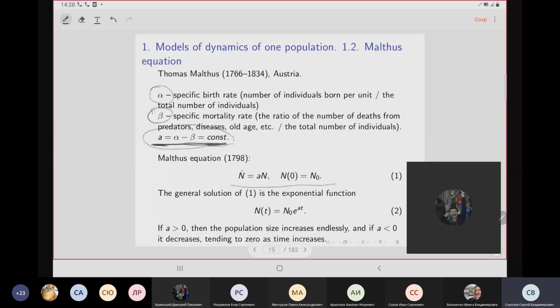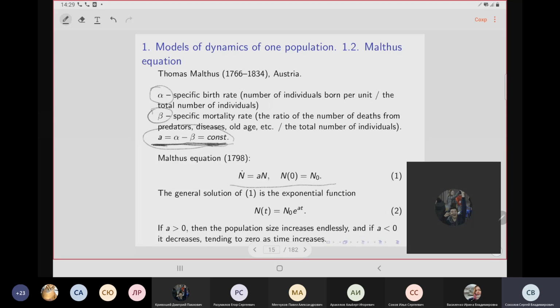We can divide variables and integrate and so on. I think solving this equation is not a problem for you, for grade students.